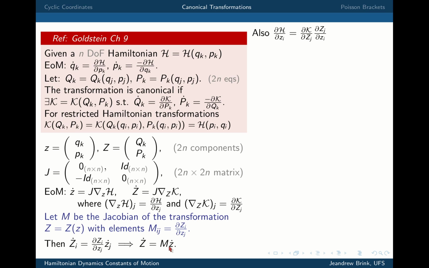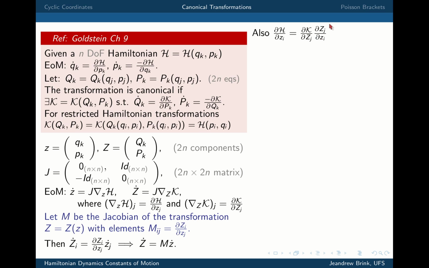What we also want is to express dH/dzi. We can also express it in terms of our Hamiltonian but in the other variables. So we have dH/dzi equals, remember K is a function of your big coordinates, so that's simply dK/dZj multiplied by dZj/dzi.